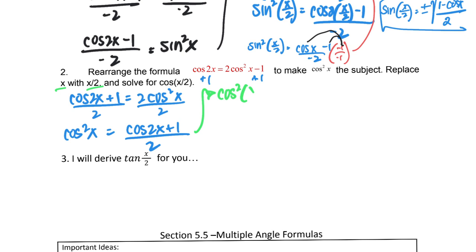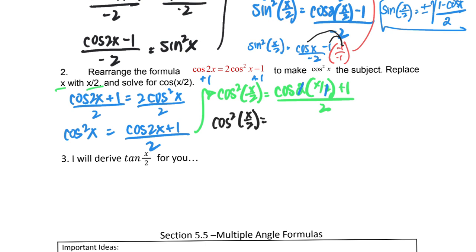Cosine squared of x over 2 is equal to cosine 2 times x over 2 plus 1 divided by 2. And like what happened in the problem before, 2 divided by 2 is 1. So we're left with cosine squared of x over 2 is equal to cosine of x plus 1 over 2.